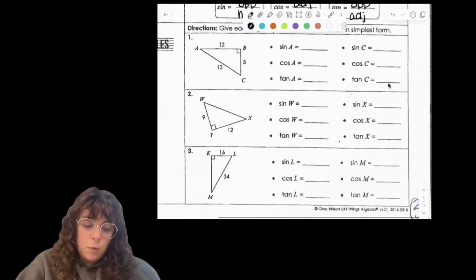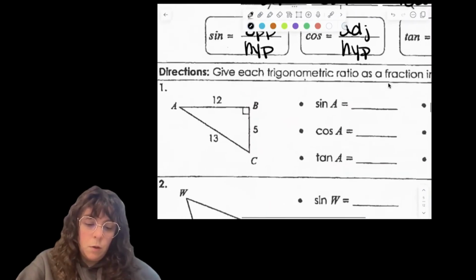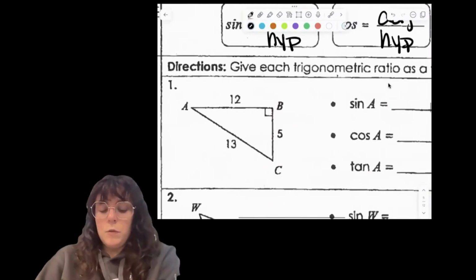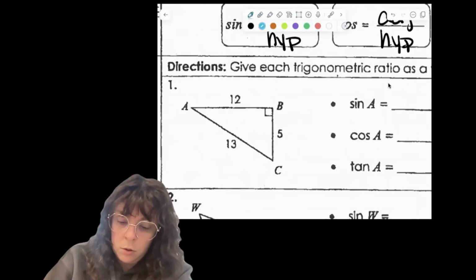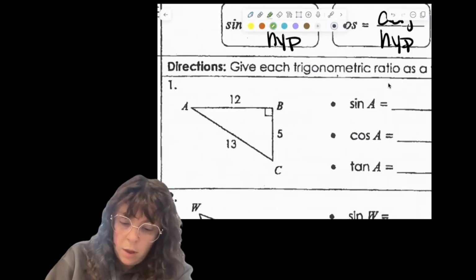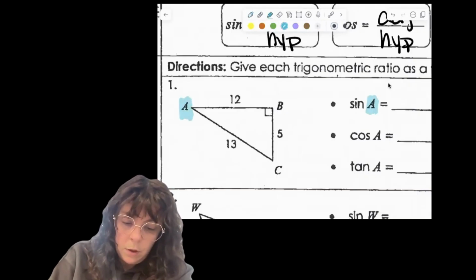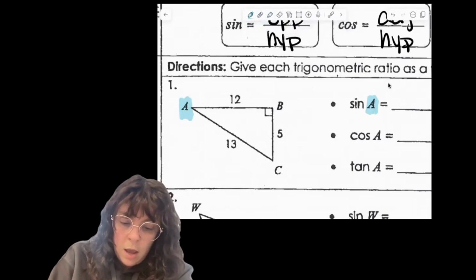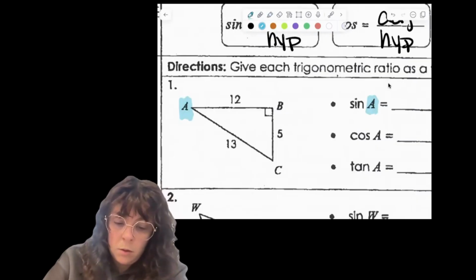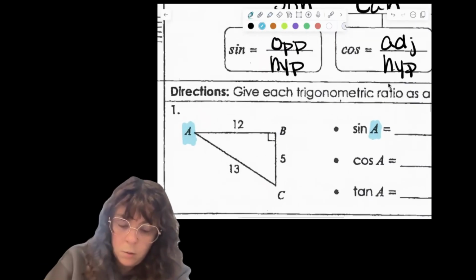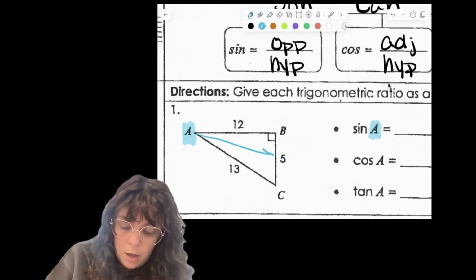So some examples, we're going to go through at least one of these. You've got your sine of A, which means that we are focusing on the angle A. Sine is opposite over the hypotenuse, so the opposite is 5.